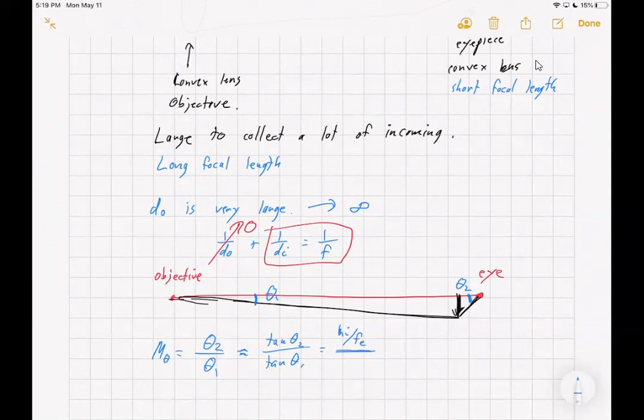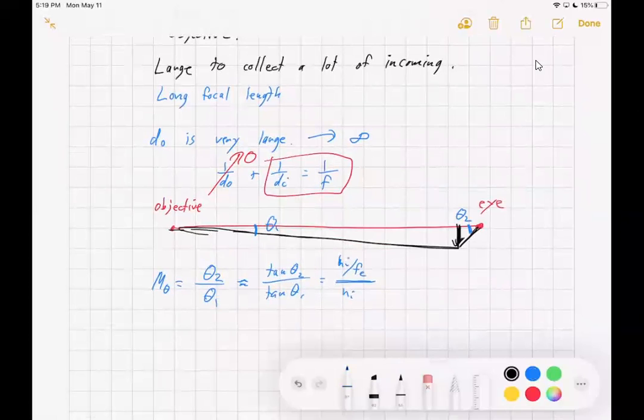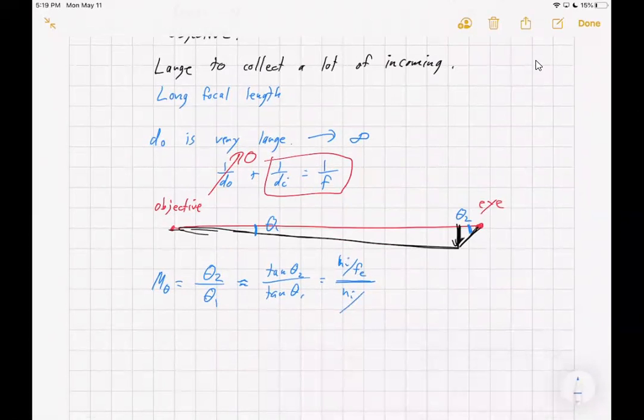For theta 1, I should remind you, tangents are opposite over adjacent. The opposite side is where the image is, so the height of the image would be the opposite side, and the adjacent side would be the focal length of the objective lens. Now, because of the reciprocal that we have here, this ends up being the focal length of the objective lens over the focal length of the eyepiece.